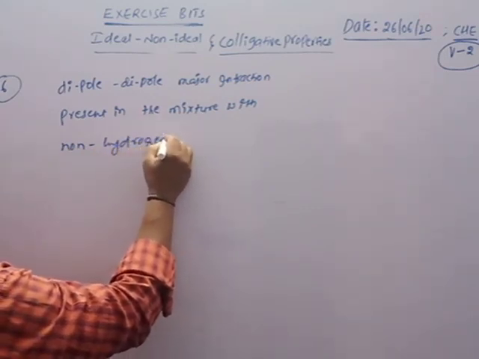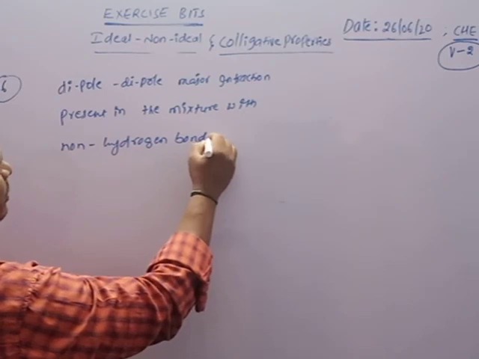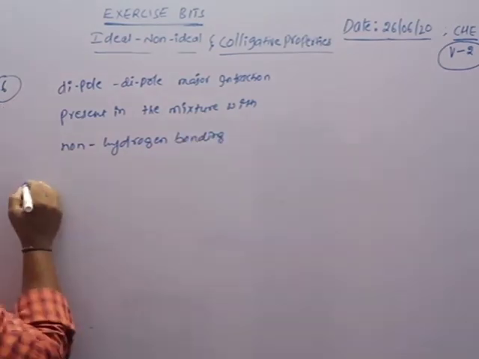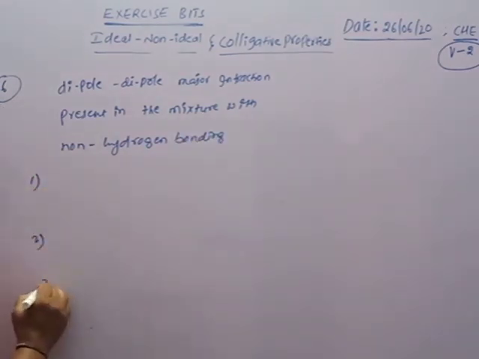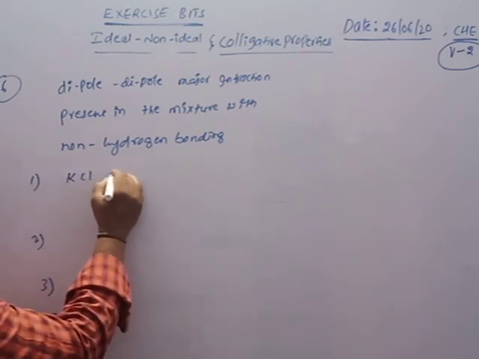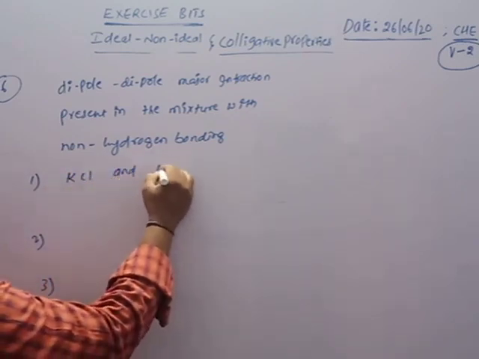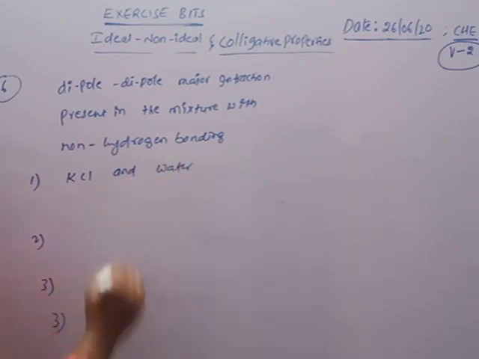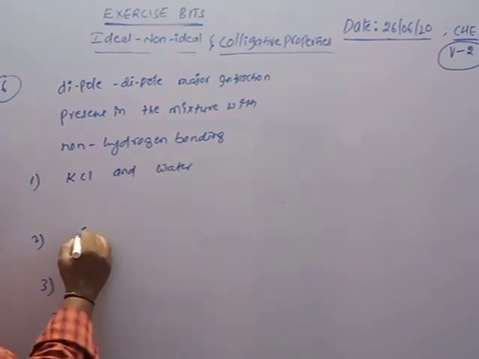What is non-hydrogen bonding? The options: the first option is KCl and water. The second option is benzene and carbon tetrachloride.